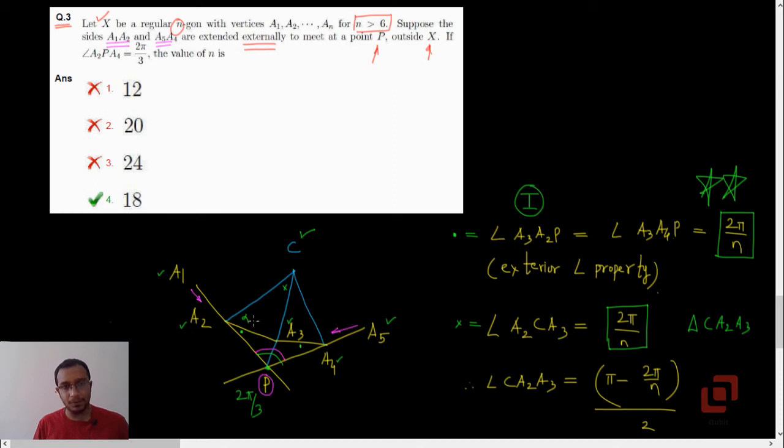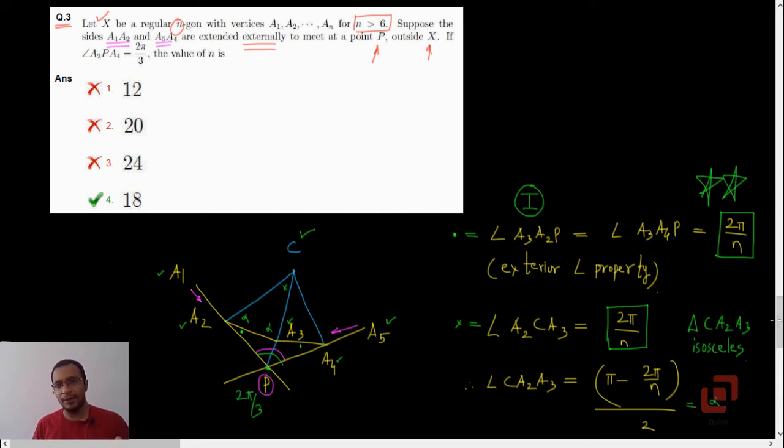Both these angles will be equal to alpha because, as discussed, it is an isosceles triangle. Therefore, by using the property of triangle that sum of all angles is 180 degrees or π radians, one of these two angles will be equal to (π minus 2π/n) divided by 2. If you do that, we will get the magnitude of the angle CA2A3 as well as CA3A2. But we will be more interested in CA2A3, which we have now called alpha.